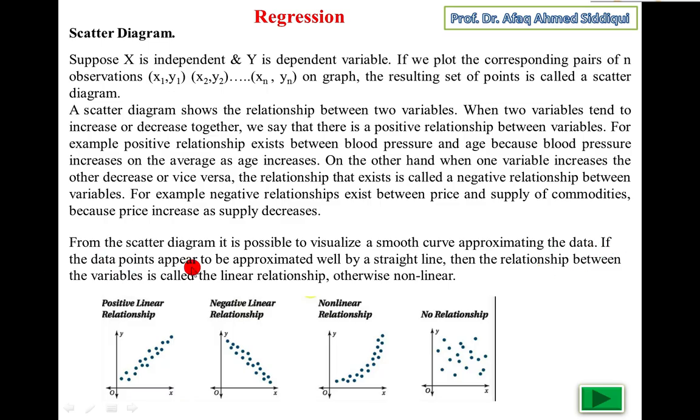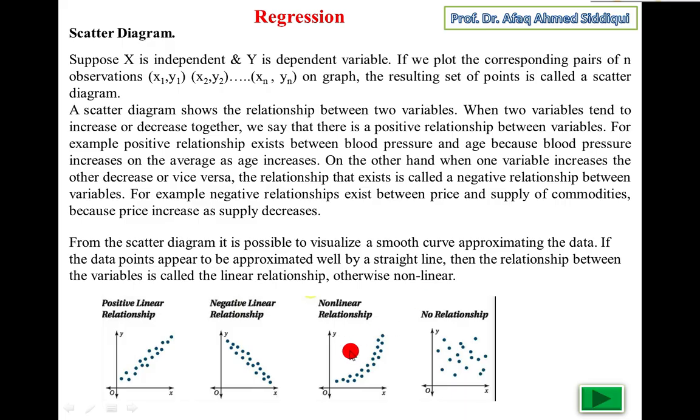If the data points appear to be approximated by a straight line, if you draw a line between these points, the line would be approximately straight, then the relationship between the variables is called a linear relationship. Otherwise, it is non-linear.